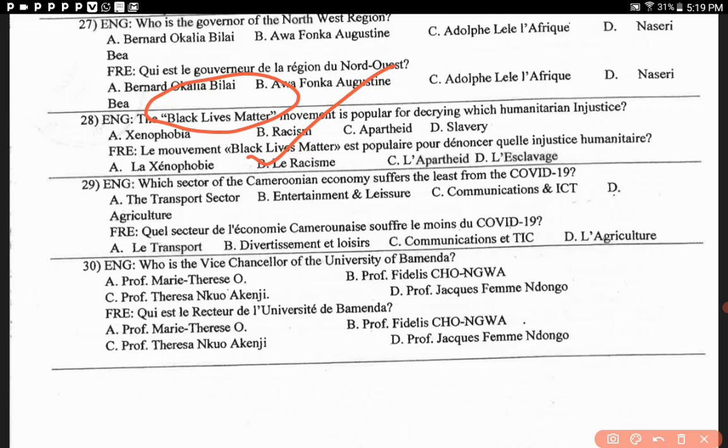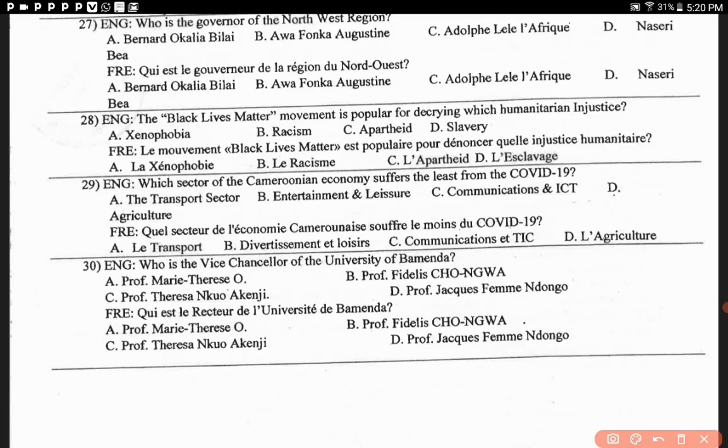Question 29, which is the second to the last. Which sector of the Cameroonian economy suffers the least from COVID-19? Suffered the least. Okay, let's examine them critically.